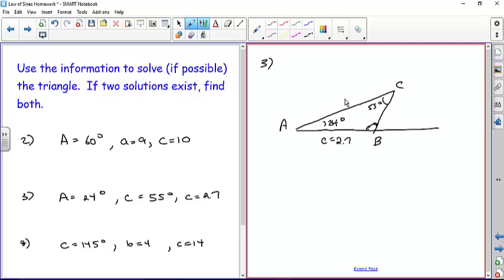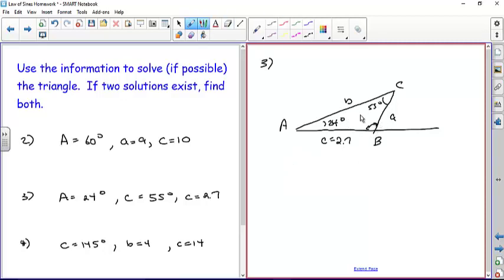This is side B. This is side A. And as far as whether there is a solution or not, before we do the problem, if you go back to the ambiguous case, if this angle is obtuse, in this case, we're only given one length. Because these two angles are given and this length's given, we know there is a solution. And because this angle is obtuse, there's only one solution. So we really don't have to think too hard about the solutions here.